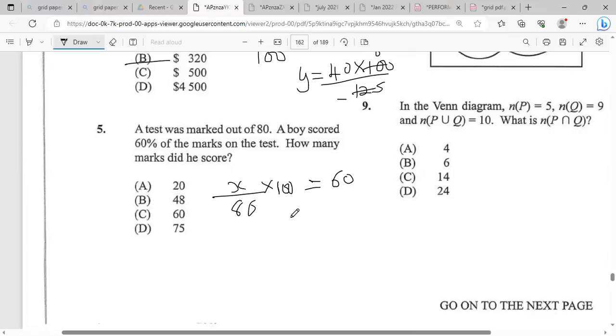So we transpose now, so it becomes 60. The 80 is being divided, so we multiply, and then we divide by the 100. So this works out to 6 times 8, which is 48.